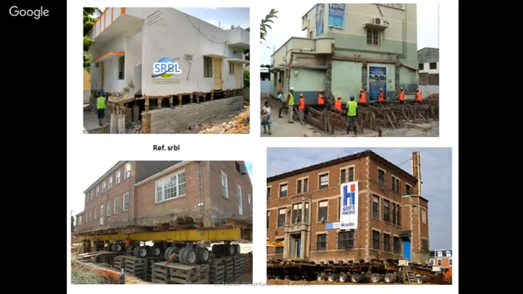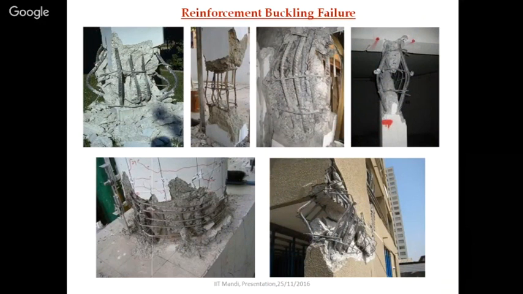The reason why I'm telling you this: during an earthquake, I told you soft story failure is predominant. Soft story failure means the car parking failure. So the topmost stories are perfectly rigid, but the bottommost story is completely collapsed. In this case, if you identify such problems, rather than demolishing the building, you can lift the building up to a certain limit.